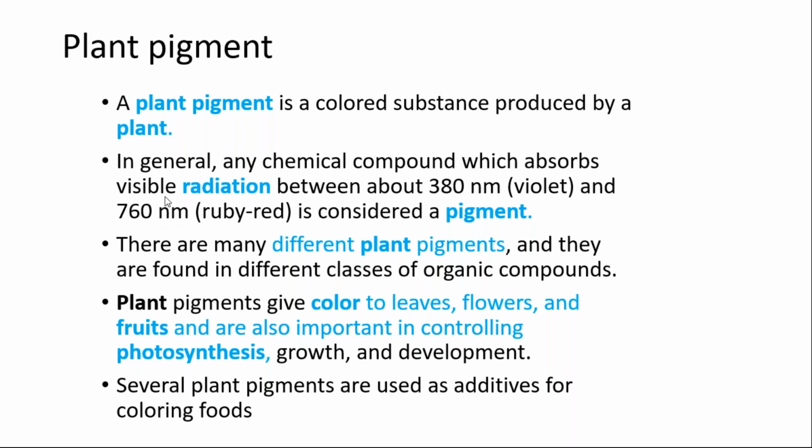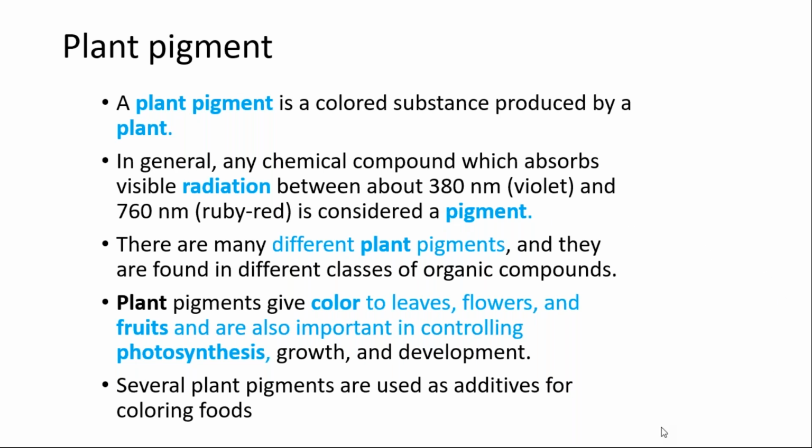And they have the color because they absorb visible radiation between 380 to 760 nanometers in the electromagnetic spectrum. And because they absorb the visible radiation, they are considered as pigments.